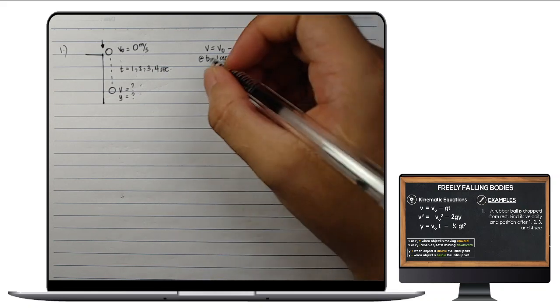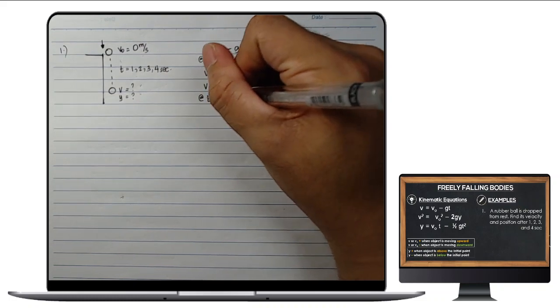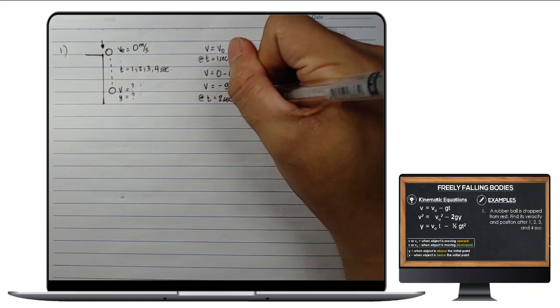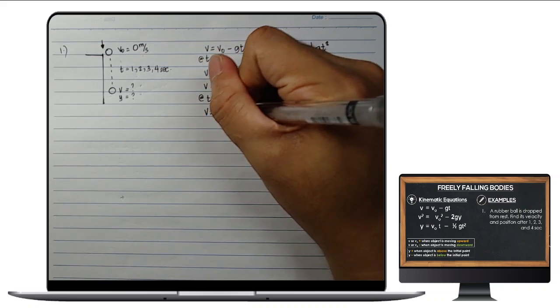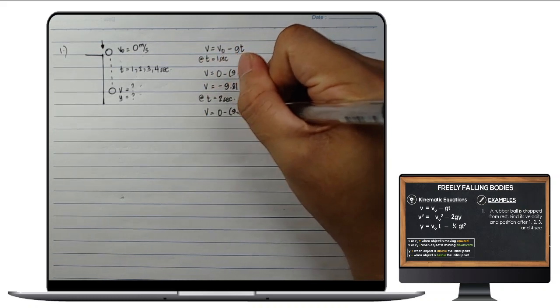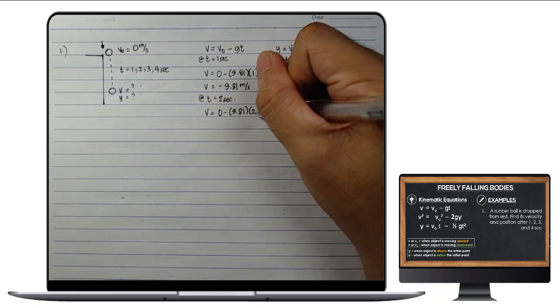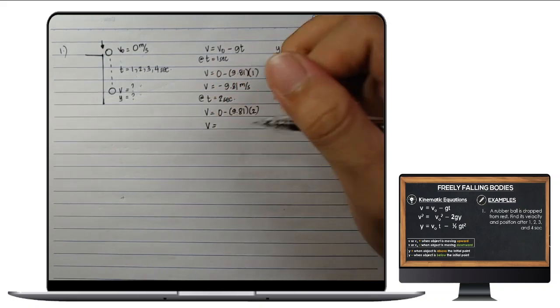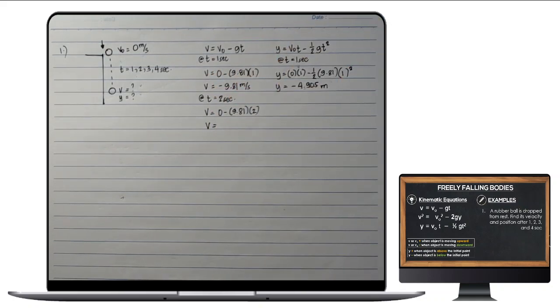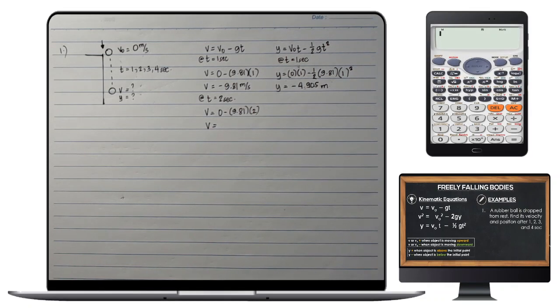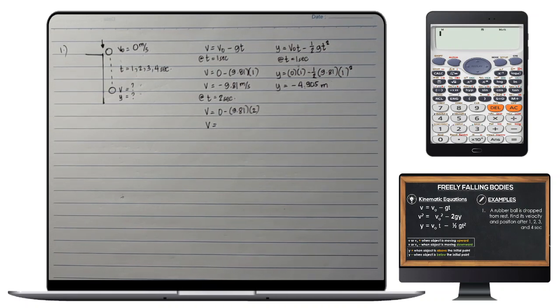So, at t is equal to 2 seconds, isa-substitute lang natin yan. Direct substitution pa din, v is equal to 0 minus 9.81 times 2. So velocity natin will be, let's use the calculator para mas mabilis na tayo. Okay, so let's substitute the values.